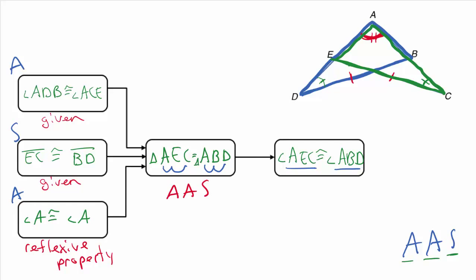I'm going to mark that angle in a different color if I can find one. Well, let's use pink. We've never used pink before. AEC, this angle there is congruent to ABD, which is this angle there.